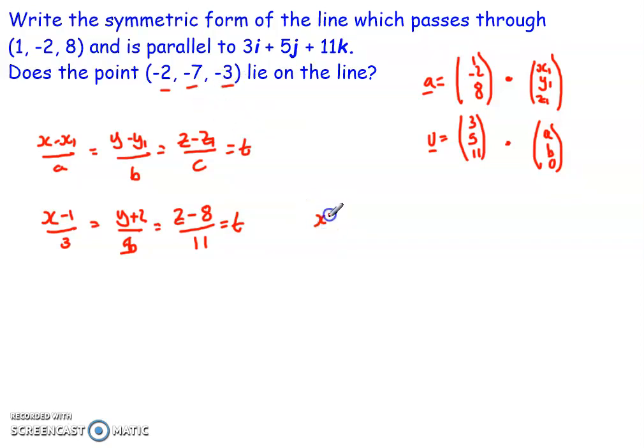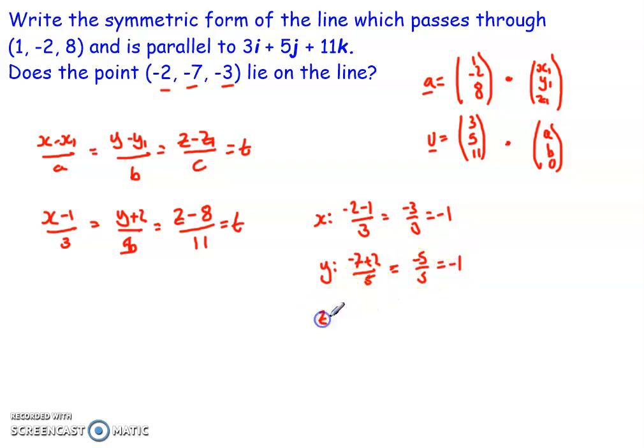So if I was to look at the x part and substitute in the x part of this point here, I'd get (-2 - 1)/3, which is -3/3, which is -1. If I looked at the y component, I'd get (-7 + 2)/5. So that's -5/5. That's -1.